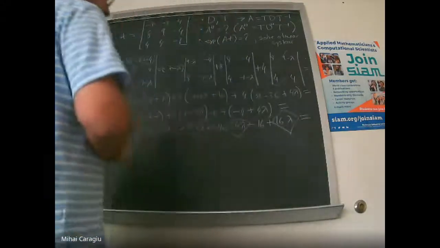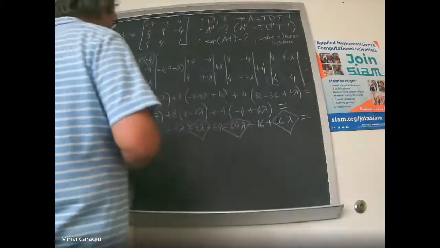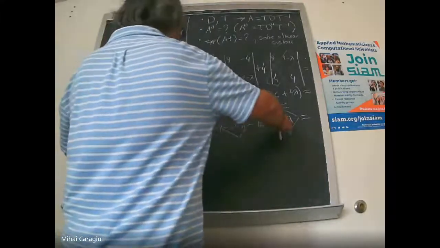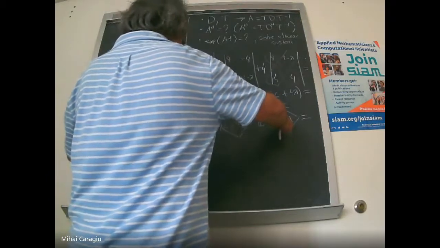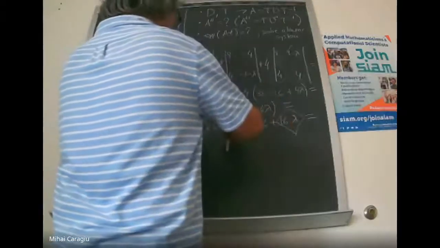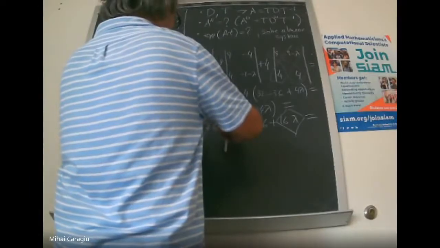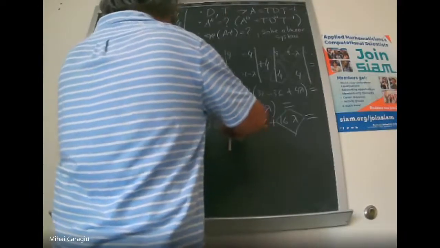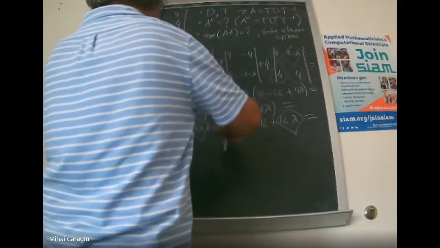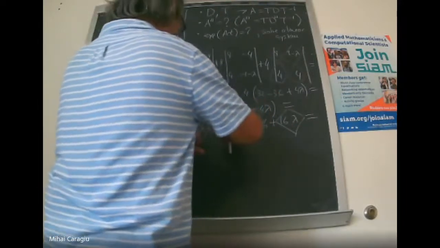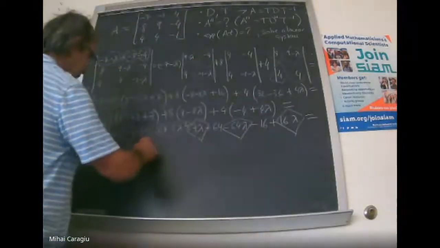So let's do the balance of this. We get 56 lambda plus 16 lambda, 72 lambda. Minus 7 lambda minus 64 lambda is minus 71 lambda. So 72 lambda minus 71 lambda is plus lambda.